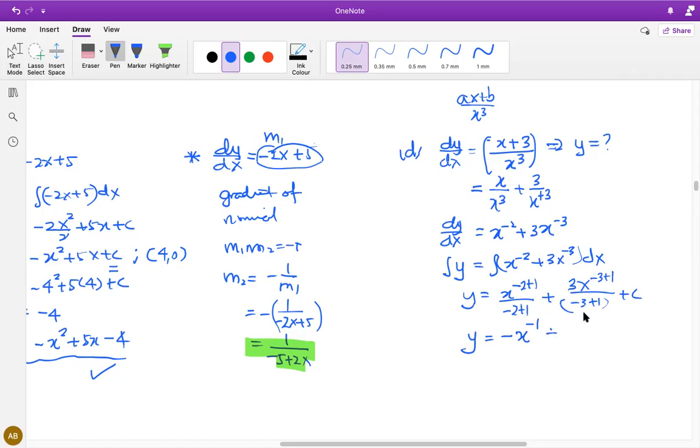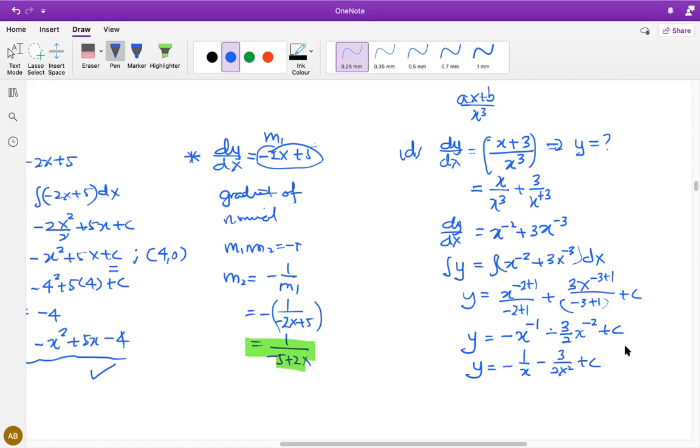Negative 3 plus 1 is negative 2, so it's negative 3 over 2 x to the power negative 2 plus c. So our y is negative 1 over x minus 3 over 2x squared plus c.